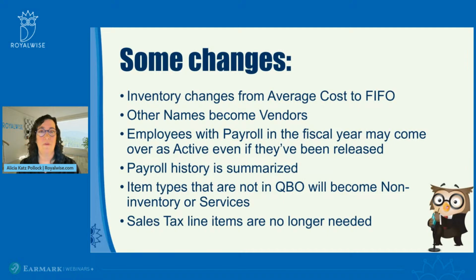So they're going to come over a little bit differently. And along those lines, with your sales tax in desktop, you might have been doing sales tax line by line on each of the items. QuickBooks Online has a whole sales tax center. So those sales tax lines are no longer needed. And so that's going to be part of the transformation.